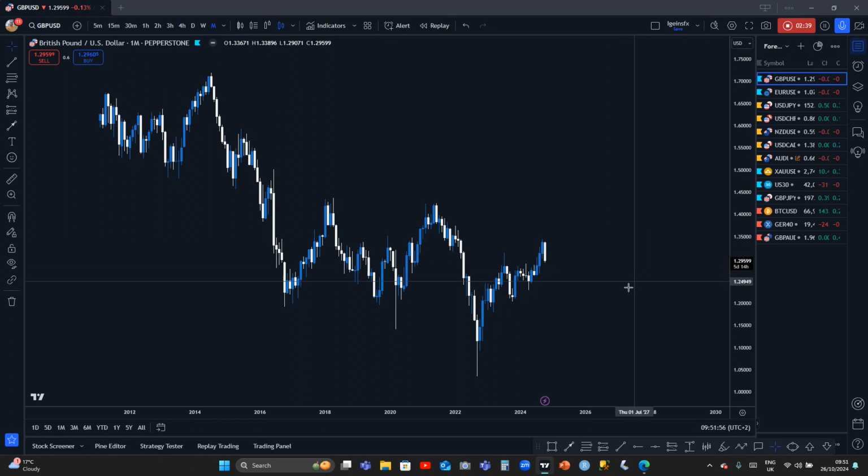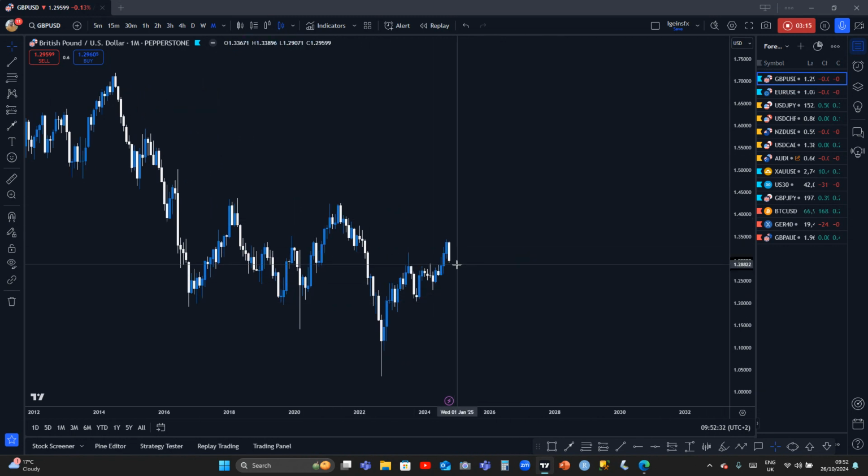Now, let me just give you some tips. Number one, you can find a setup on a monthly time frame and you take your position. Don't just believe it's only when you scale down to your 15 minutes, 1 hour, 5 minutes that you do your execution. No. In trading, you can spot a setup on a higher time frame, that is a monthly time frame, and take a position there.